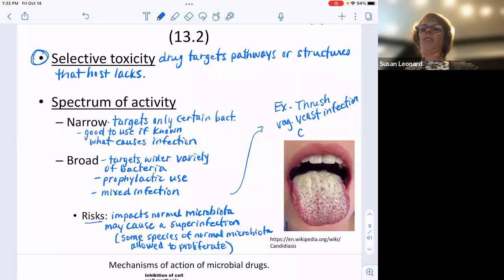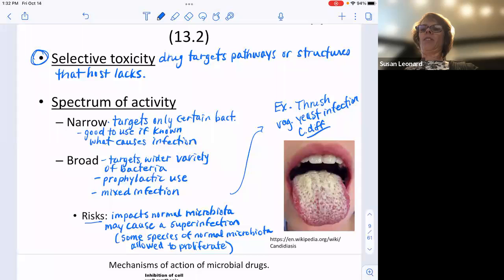A third example, Clostridium difficile, C. diff. A lot of us again have Clostridium difficile in our colon in small numbers.